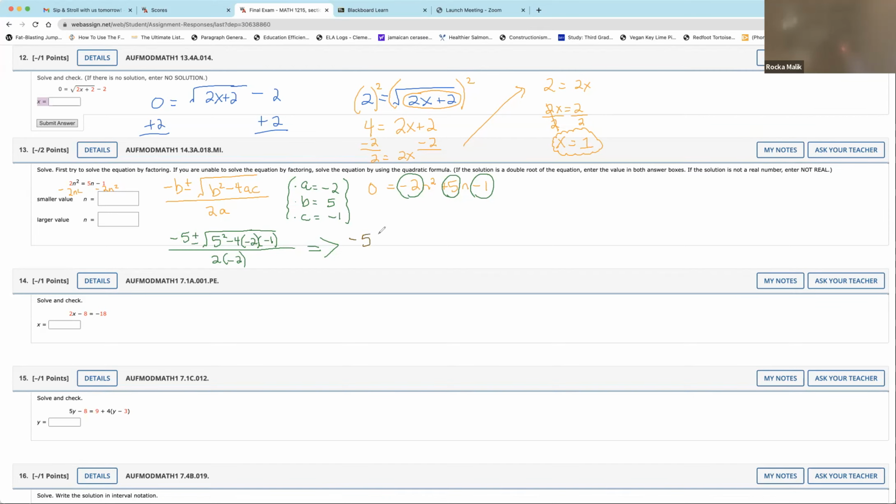-5 plus or minus the square root of 25 minus 4 times 2 is 8 times 1 is still 8, but it's minus times minus, so it's plus 8.